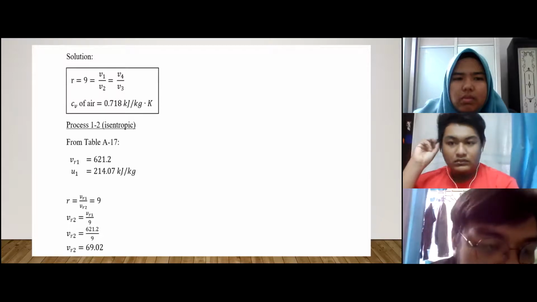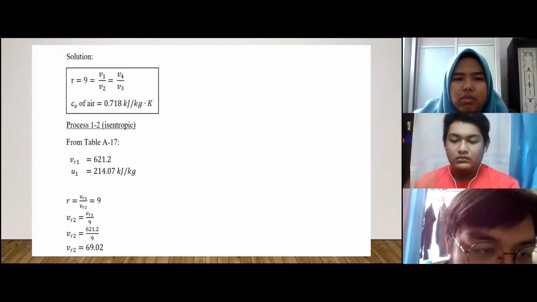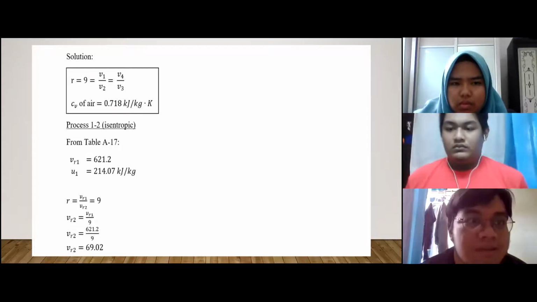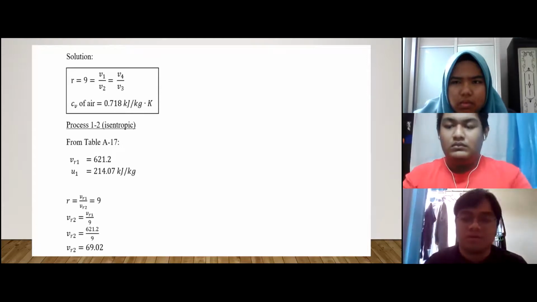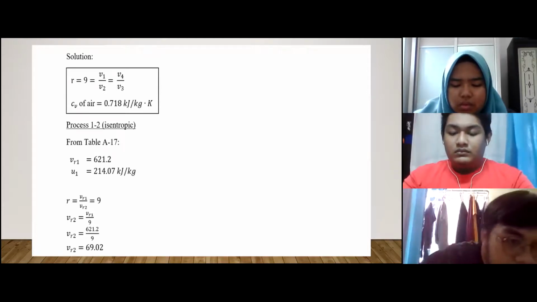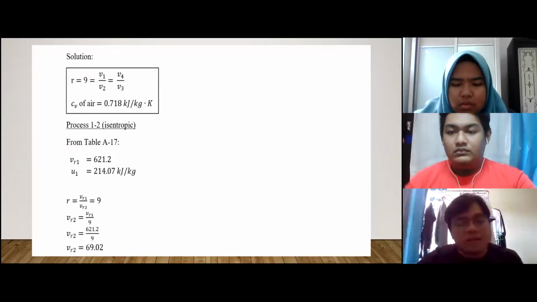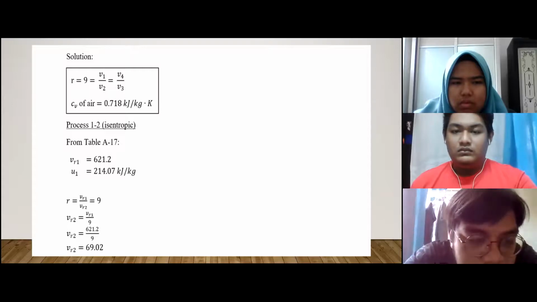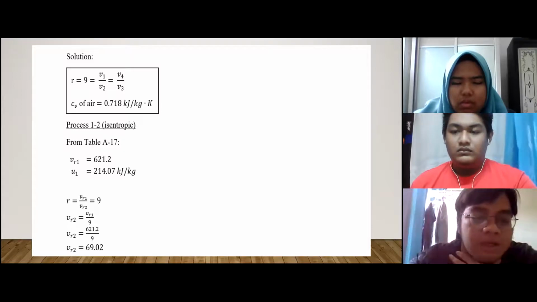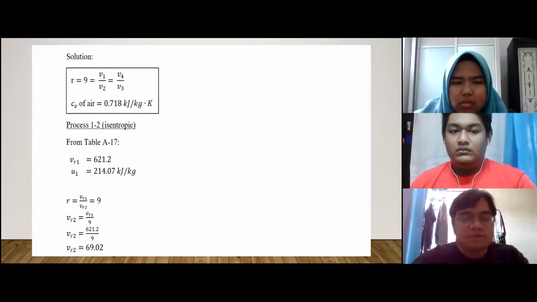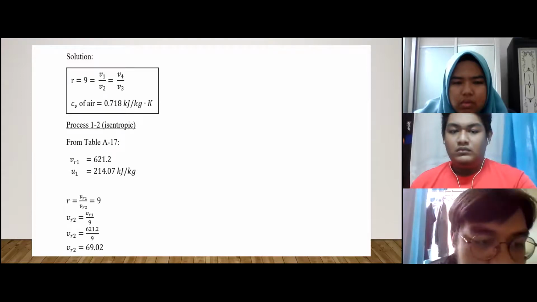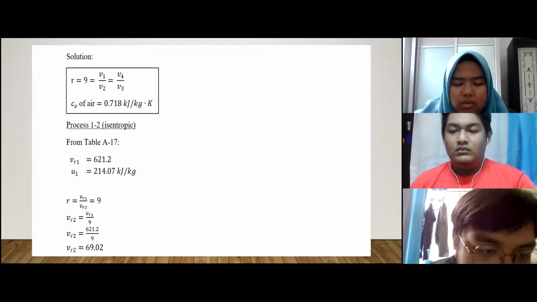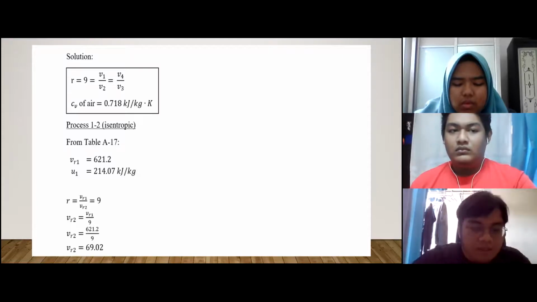We know that CV of air is equal to 0.718 kilojoule per kilogram Kelvin. To find the temperature and pressure for process 1 to 2, which is isentropic, we know from table A17 that VR1 equals 621.2 and U1 equals 214.007 kilojoule per kilogram.